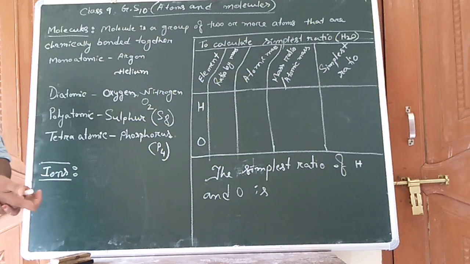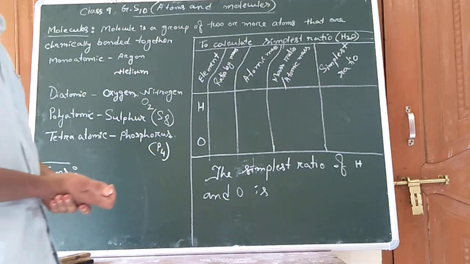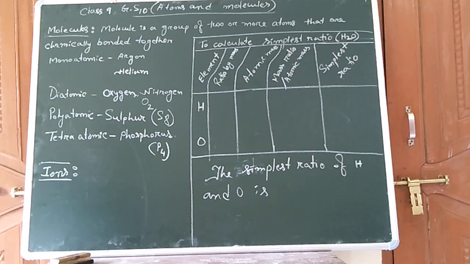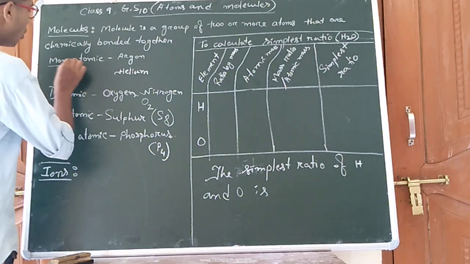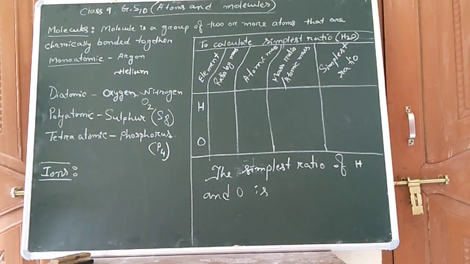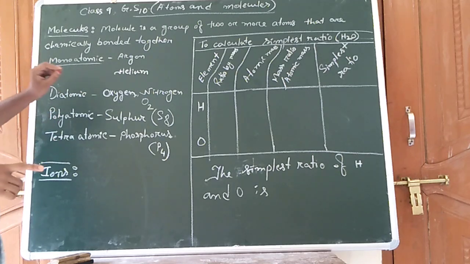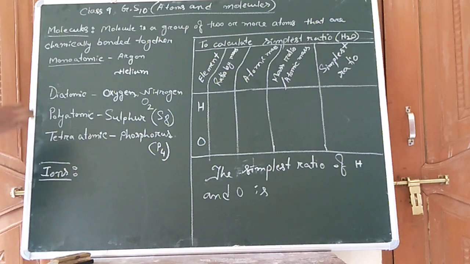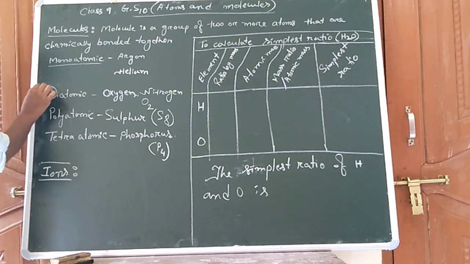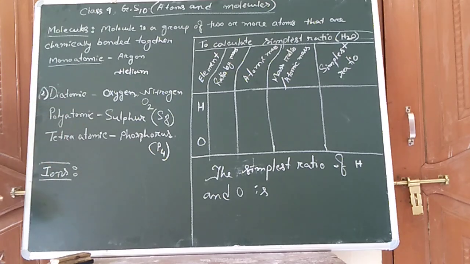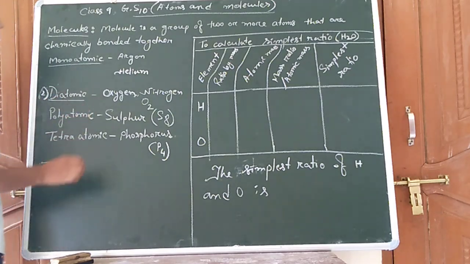There are different types of molecules. If a molecule contains only one atom, then it is called a monoatomic molecule, for example argon and helium. Similarly, if a molecule consists of two atoms, it is called a diatomic molecule.